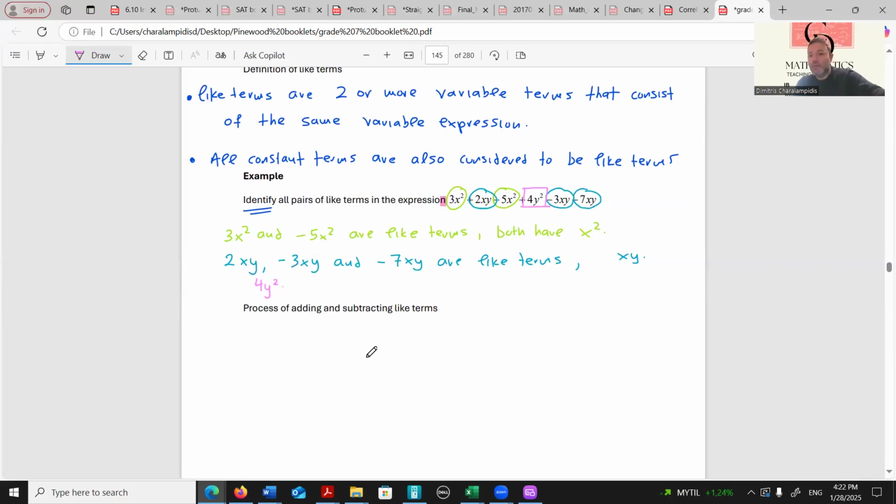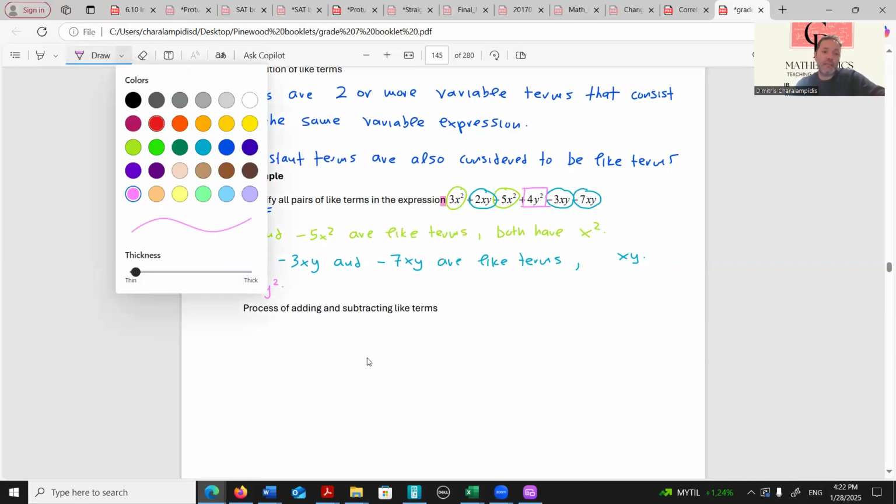Why do we need to know that? Because this will allow us to add or subtract terms, which in any case helps us when we need to simplify a given algebraic expression. Now, what is the process of adding and subtracting like terms?